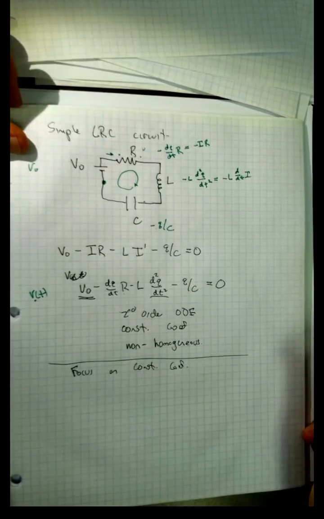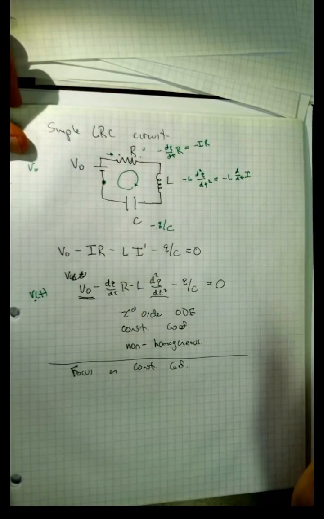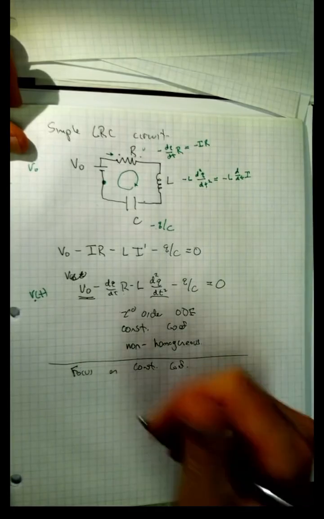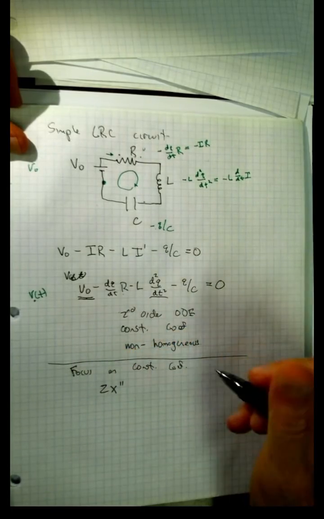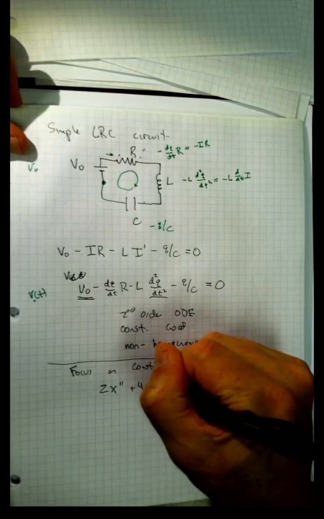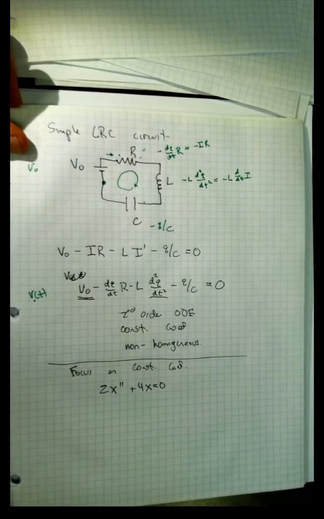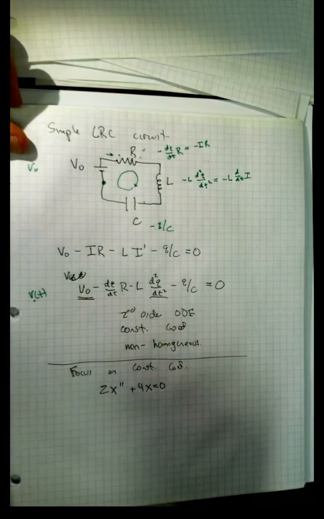And the very first thing that you need to do when you see the equation is ask what kind of thing is it, and you need to be able to recognize it. So for example, if you are given this equation, you should recognize that it's second order constant coefficient.